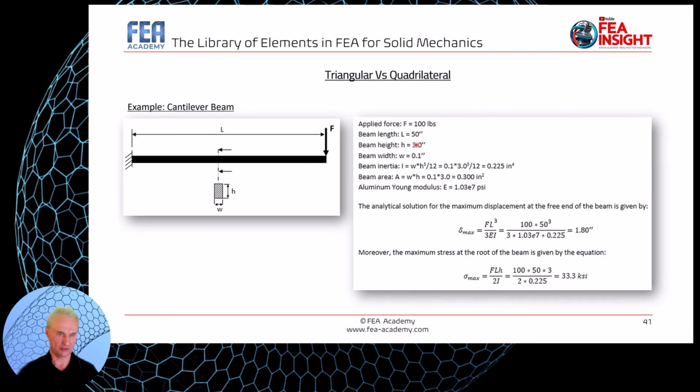From the geometric and the material properties, we can calculate with those equations the maximum displacement at the free end of the beam and the maximum stress at the root of the beam. The advantage is the fact that we can run the model with different types of elements and different mesh densities, and directly compare with the simulation results.